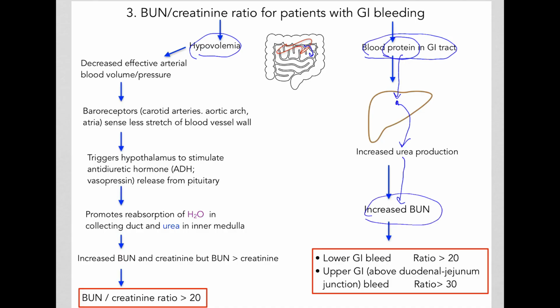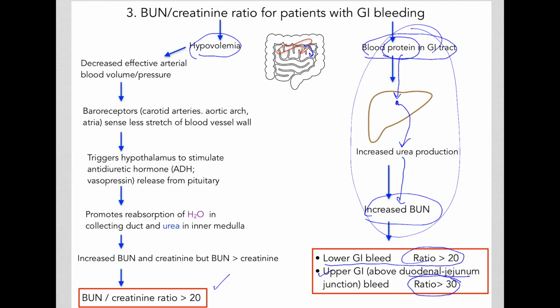So in lower GI bleed, the ratio is more than 20 due to this hypovolemia. But in upper GI bleed, above the duodenum jejunum junction, where amino acid absorption happens, in this case, because of this situation here, the ratio is going to be very high, as much as greater than 30.